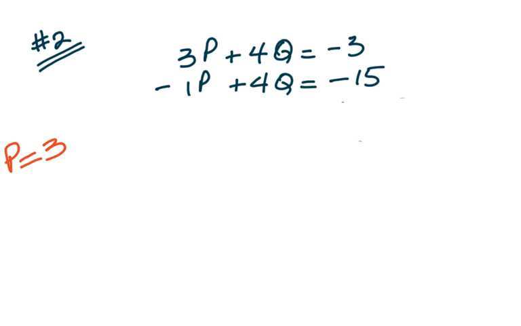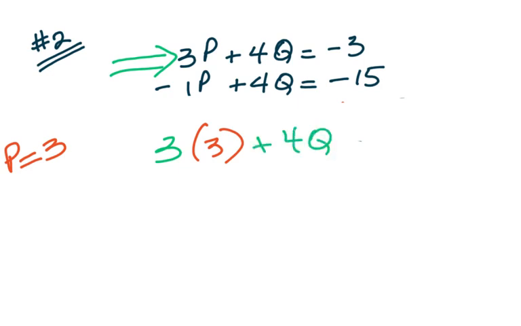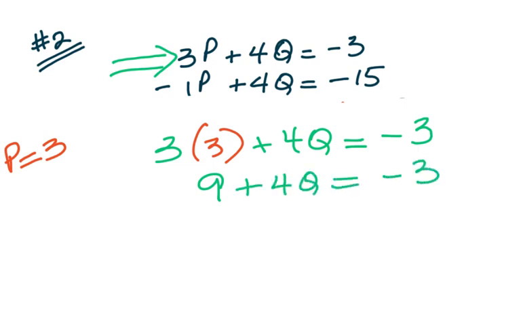So I'll just use one of these equations and plug my numbers into this. So I'm going to go 3 times p, which is 3, plus 4q equals -3. So 3 times 3 is 9, plus 4q equals -3.